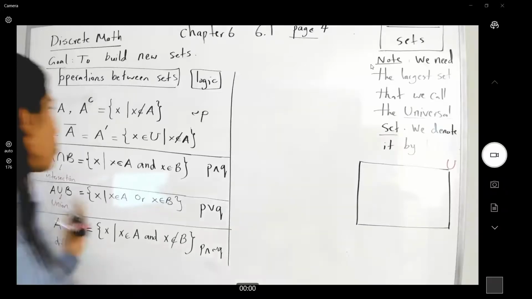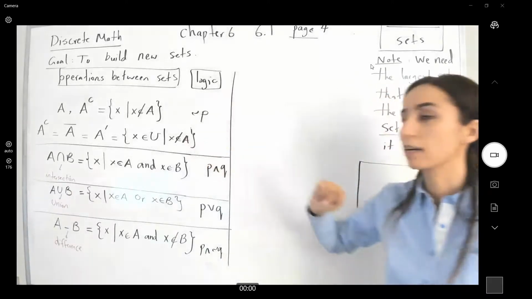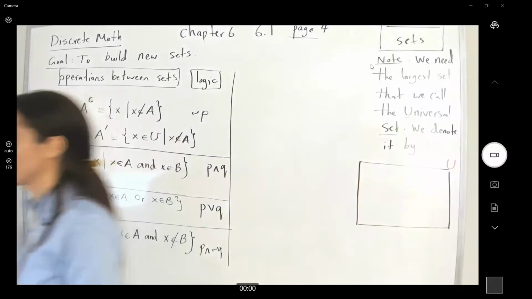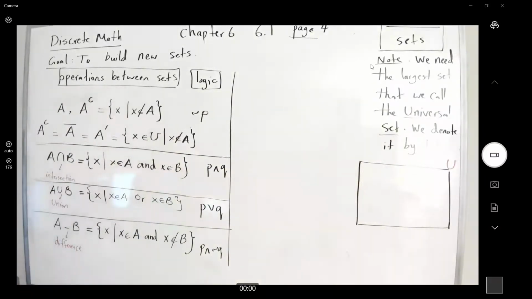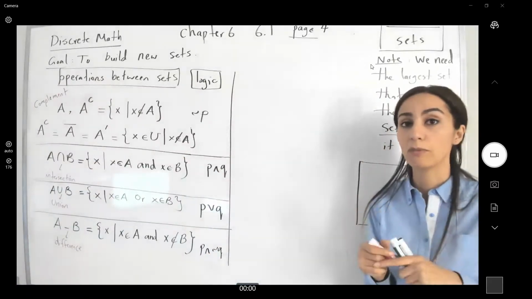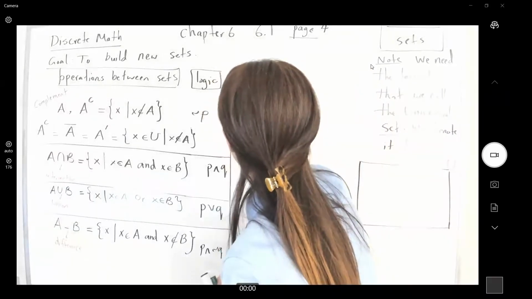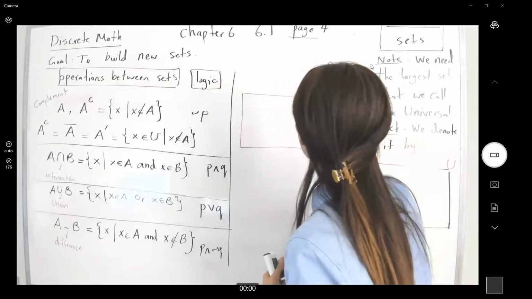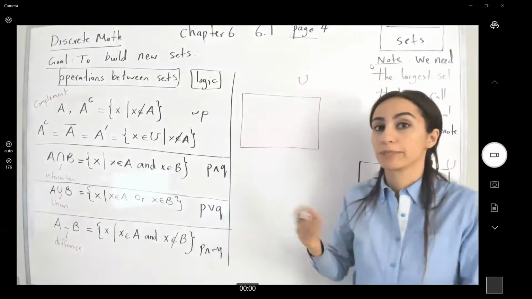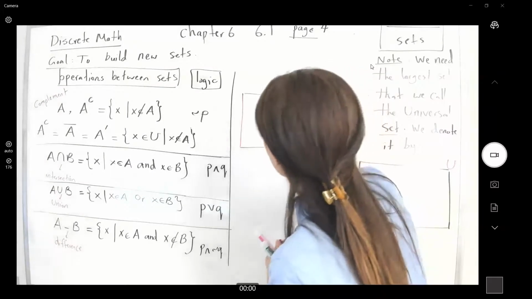Well, can we visualize these? Of course, why not? For the first one, the complement of the set. Remember that when you're working with the complement of a set, you definitely need to identify your universal set. So this is your universal set, whatever it is. It might be R, it might be complex numbers, that depends.